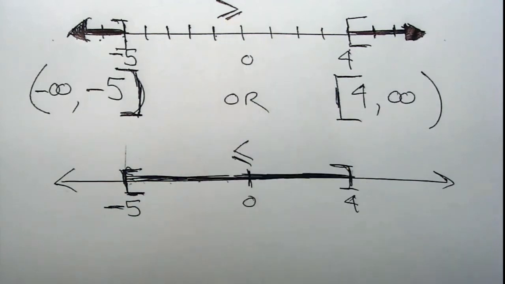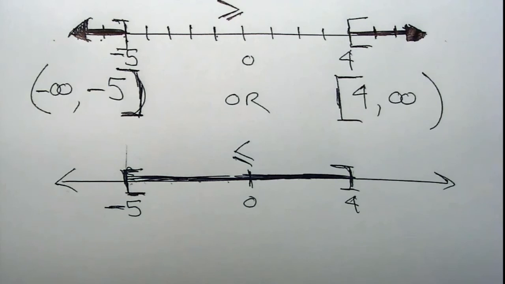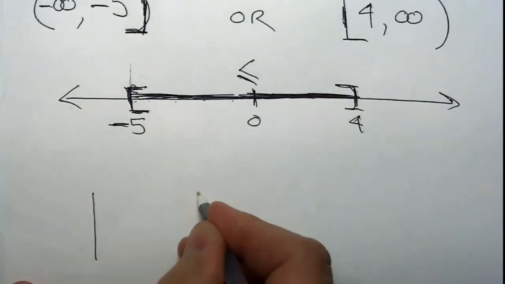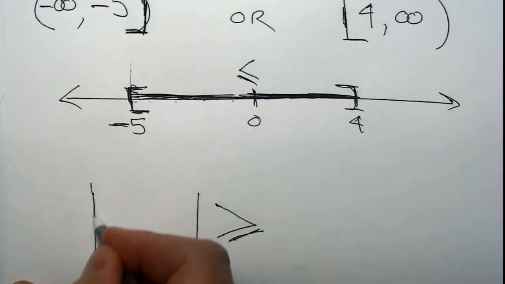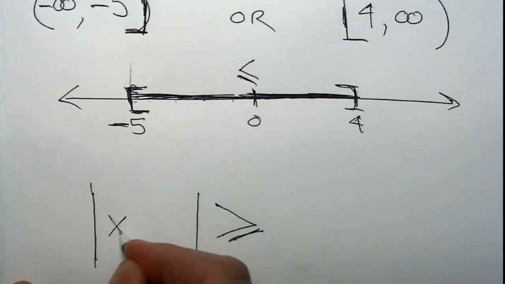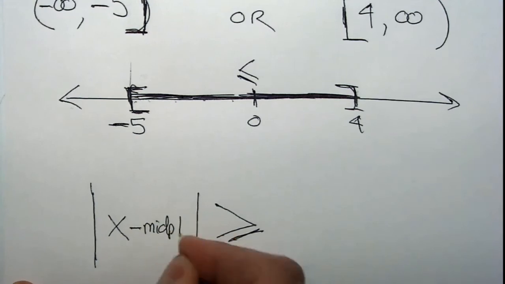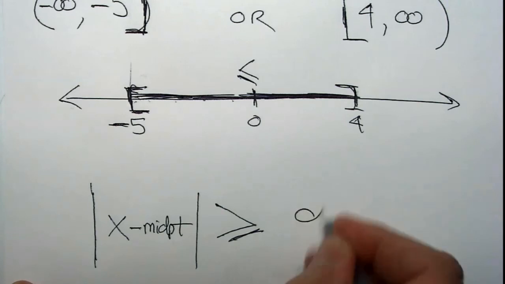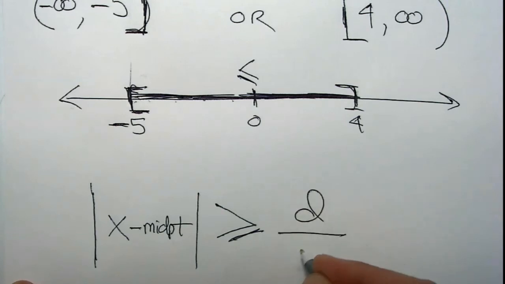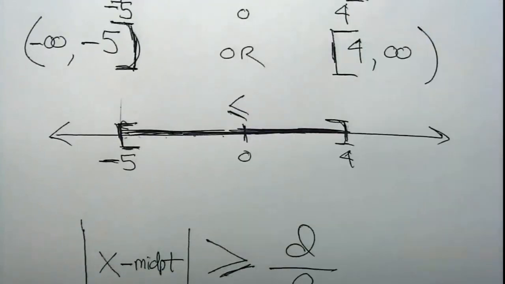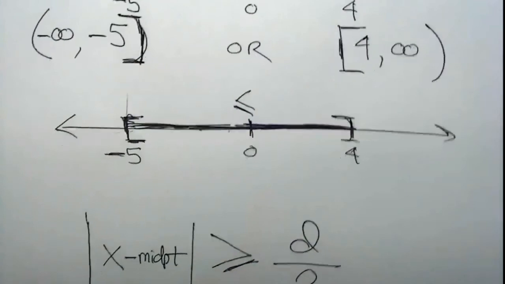So here comes the absolute value inequality we're about to create. It turns out that you can use this handy formula: the absolute value of x minus the midpoint is either less than or greater than or equal to distance over 2. So I guess what we need to do here, guys, it doesn't matter in either case, is find the midpoint and find the distance.